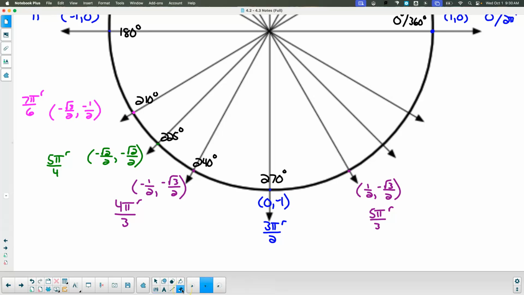We're out of the 200s now. We're into the 300 degrees. Next one is going to be √2 over 2, comma, -√2 over 2, or 7 pi over 4 radians, or 315 degrees. Bad 2 again.